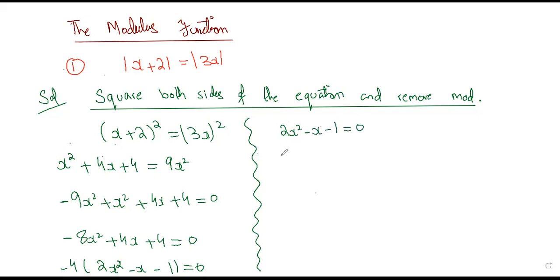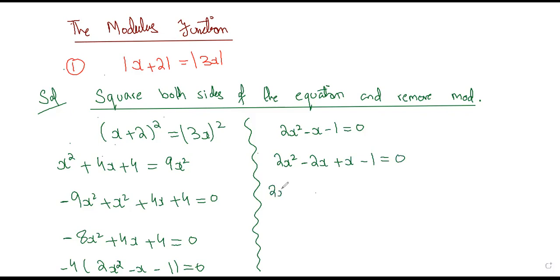I need two numbers such that when I multiply them, I get minus 2x squared, and when I add them, I get negative 1. So the two numbers are basically going to be 2x squared, then we are going to have minus 2x, then plus x minus 1 equals 0.